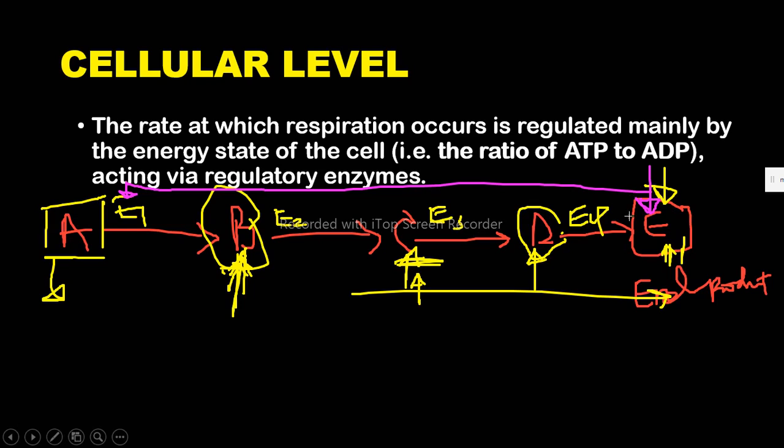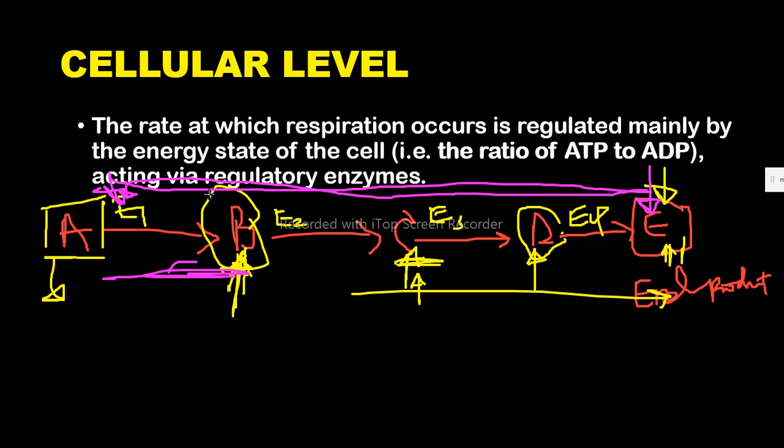When a chemical reaction is determined by very many steps, more than one step, and all these steps are controlled by enzymes, then the product that is formed in this chemical reaction has the ability to inhibit this enzyme E1 that can catalyze this very first reaction.